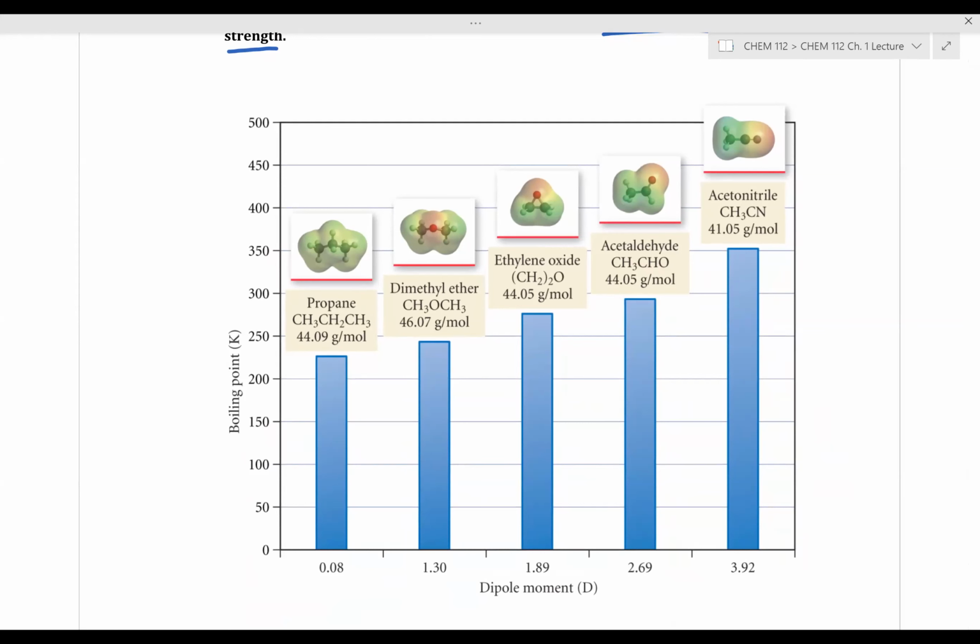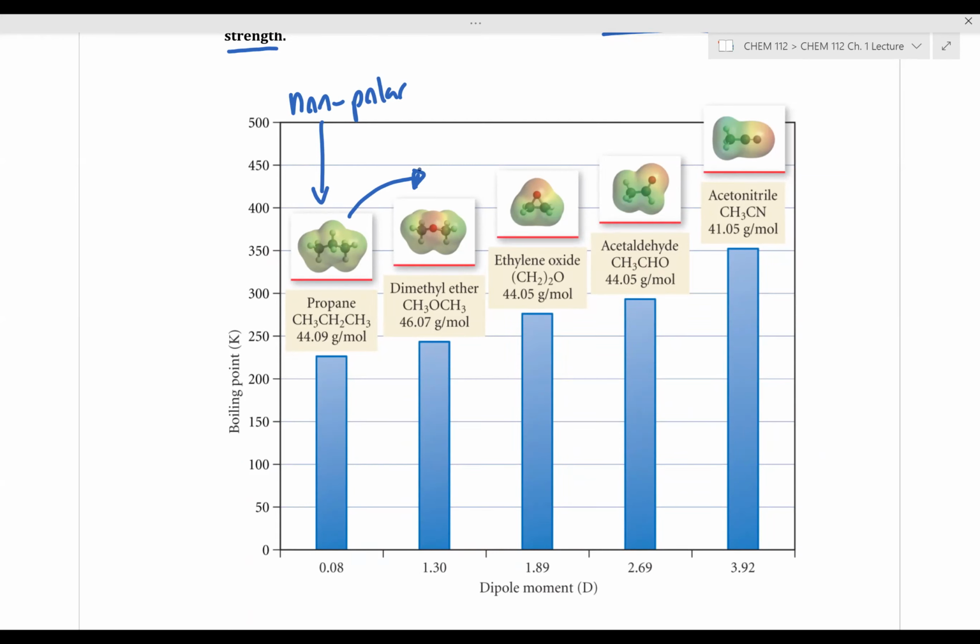And as we see, if we compare propane, which is non-polar, and we move from propane to diethyl ether, we have not changed our molecular weight substantially, but what has happened to our boiling point? Has our boiling point increased? Yes. So just by going from a non-polar to a polar molecule, you see a jump in boiling point.